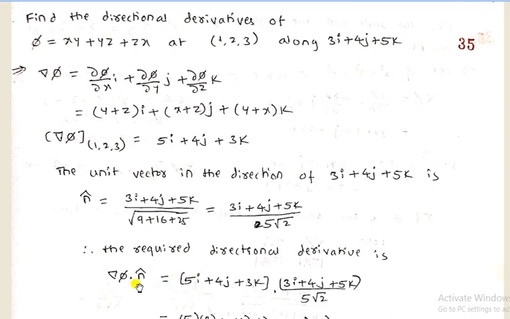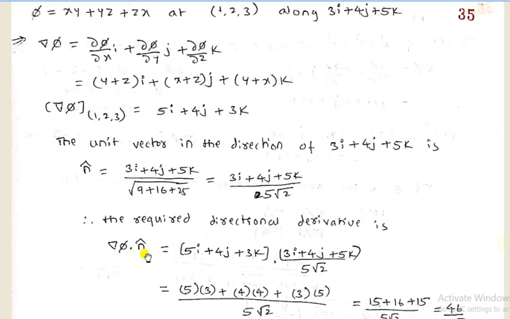So now required is n cap, since we need del phi dot n cap. So first we calculate n cap. n cap is vector d divided by mod of vector d, that is (3i plus 4j plus 5k) divided by the square root of coefficient of i squared, coefficient of j squared, coefficient of k squared: 3 squared, 4 squared and 5 squared, 9, 16, 25, which gives 5 into square root of 2.